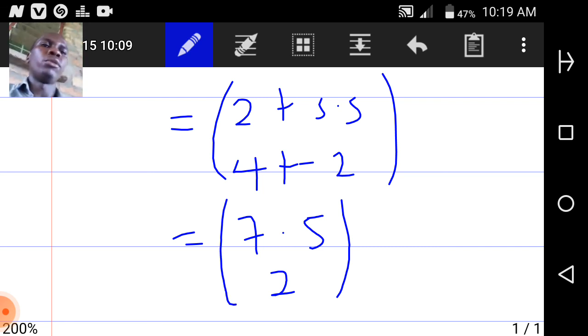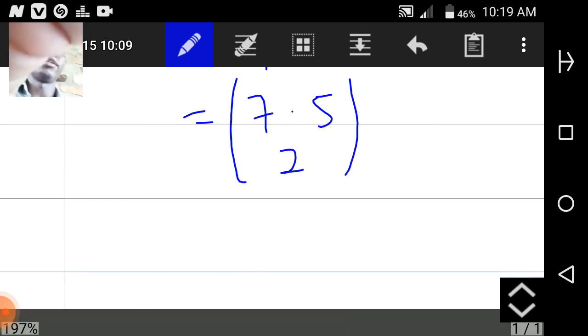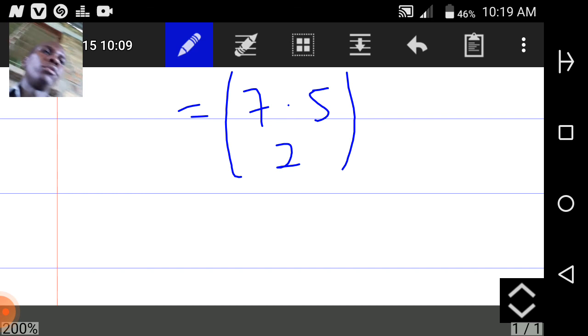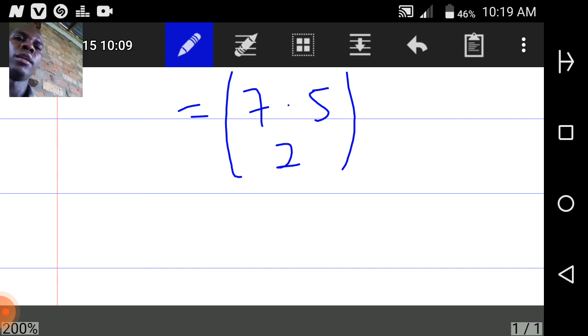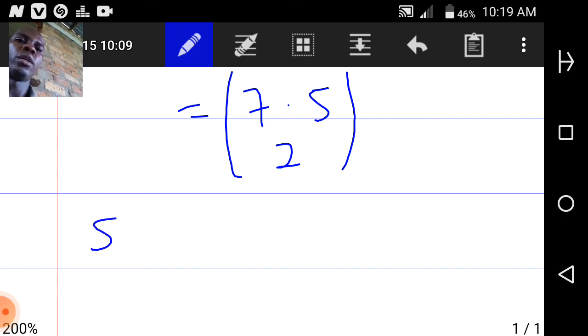This is in terms of column vectors. In terms of coordinates, our S, the midpoint of QR, is (7.5, 2).